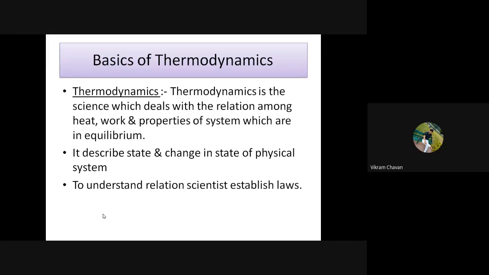Okay, so basics of thermodynamics, you heading as first point. Thermodynamics means what?